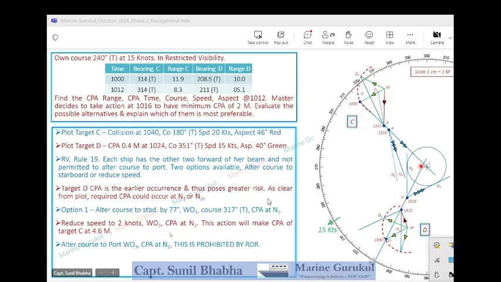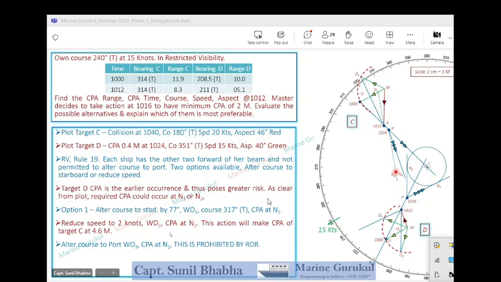So it is much more than 2 nautical miles, which is the required CPA. So we have now seen that this is the second option which is available to us. Reduction of speed. If we reduce the speed to 2 knots, both the ships will have a minimum CPA of 2 nautical miles.